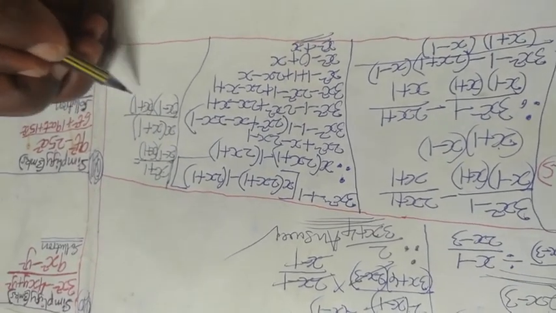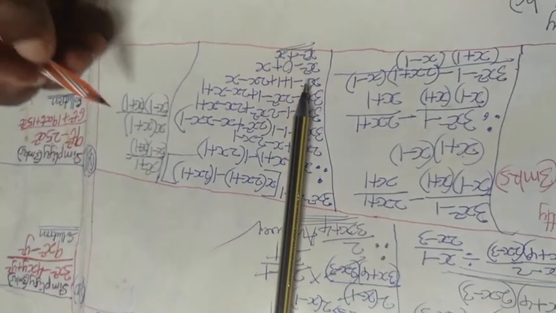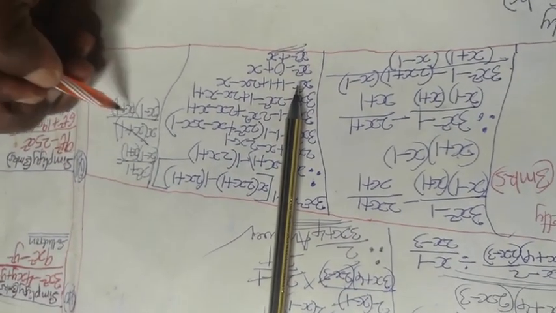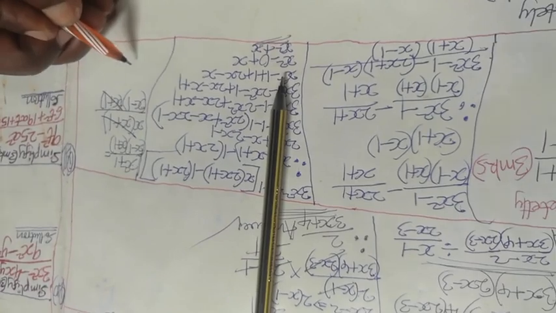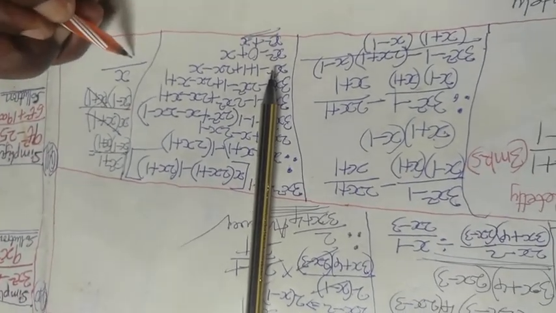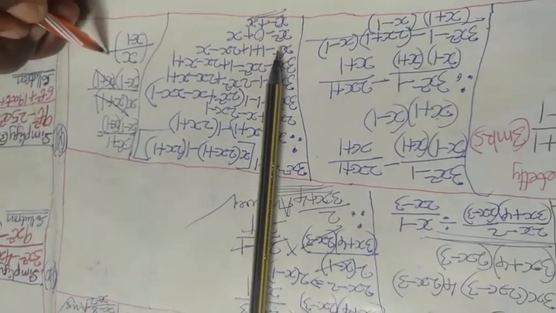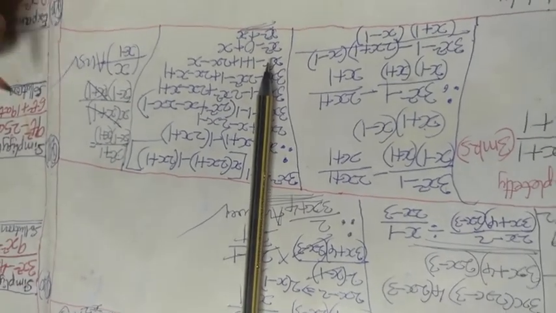Now we are going to cancel. We cancel x plus 1 and cancel x plus 1. Our final answer is x over x minus 1.